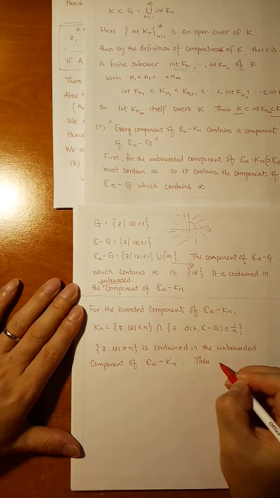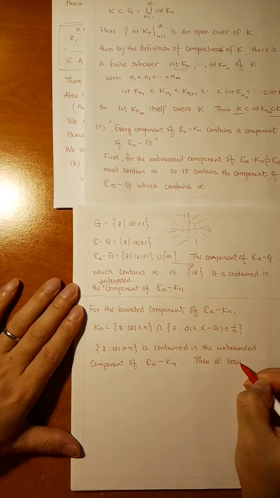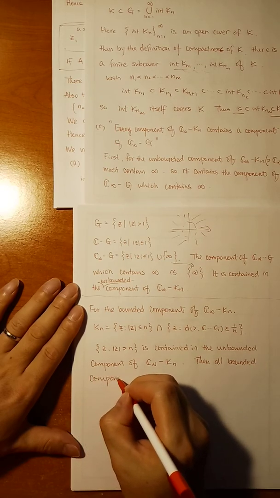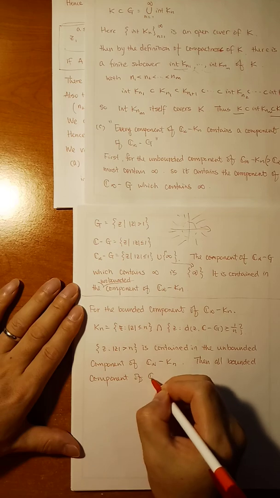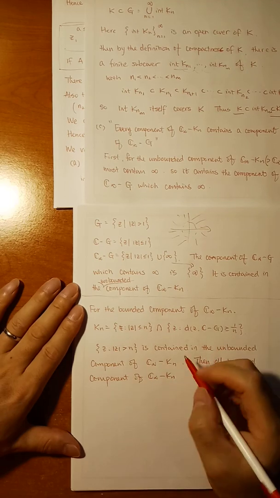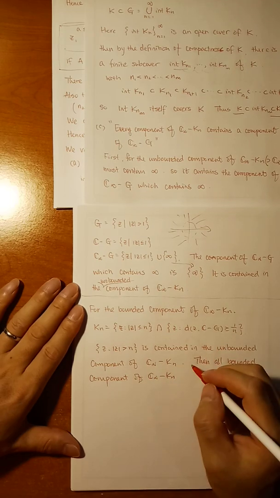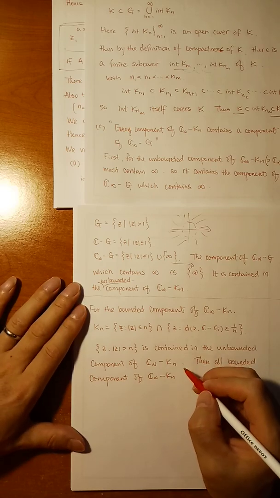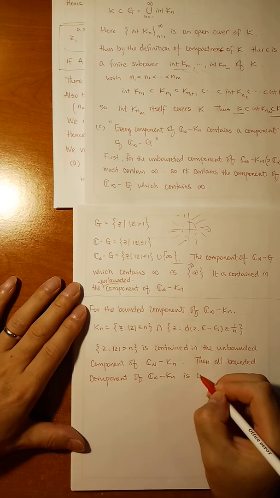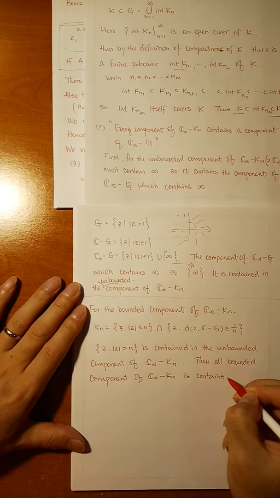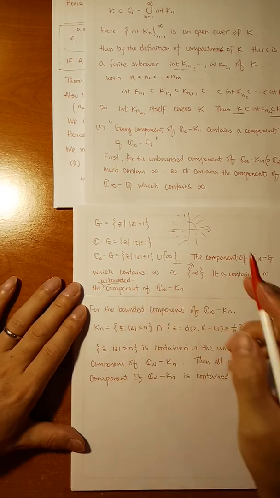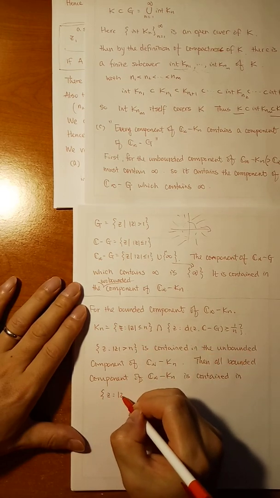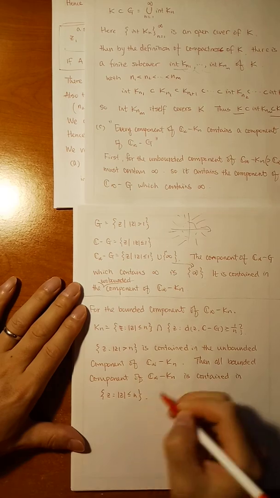Then every bounded component of C infinity minus Kn is contained in this closed disk.